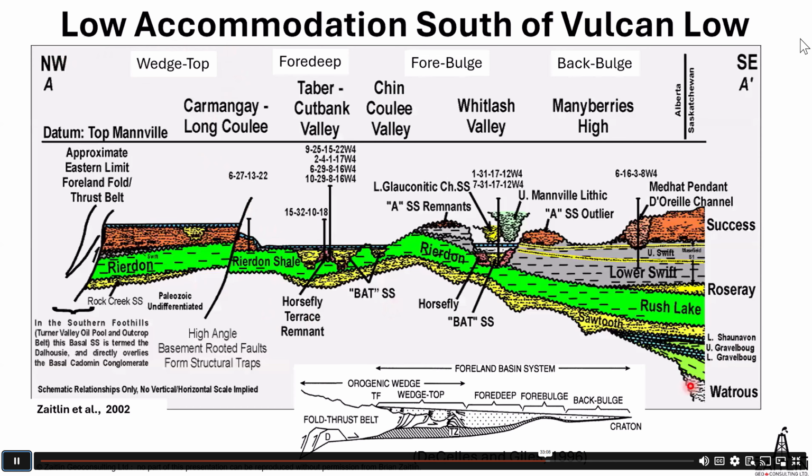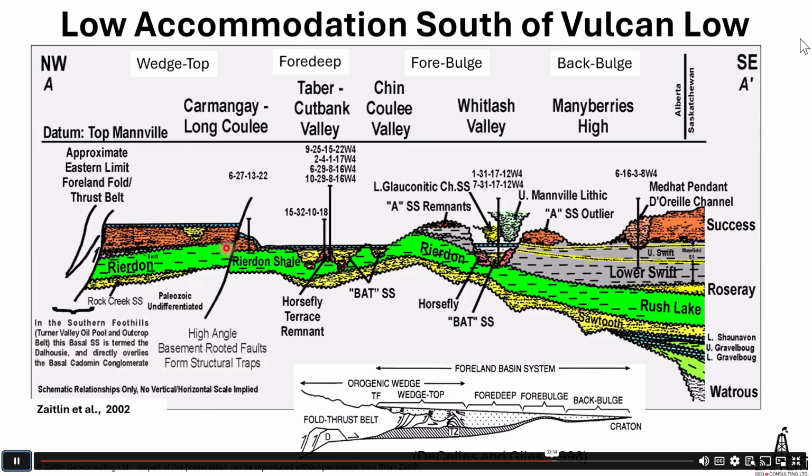We're sitting on the Jurassic up to this point here. Then in Saskatchewan, we call it the Success. In Alberta, we call the orange the A sandstones as we go along. And you can see that the A sandstones are actually on the topographic highs. They're preserved in the highs, whereas the Horsefly, Bat and Ellerslie erode down into those types of units.